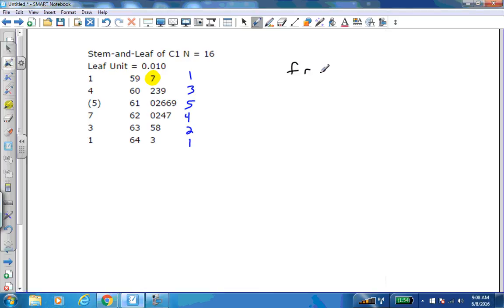When we're talking about data, frequency is just the count of how many times something occurs.